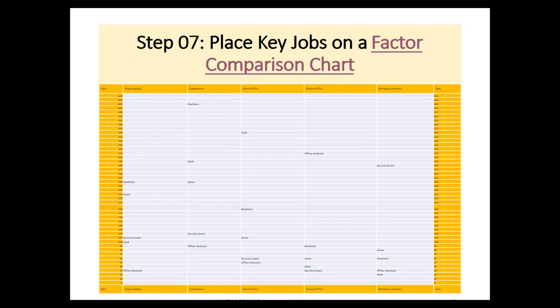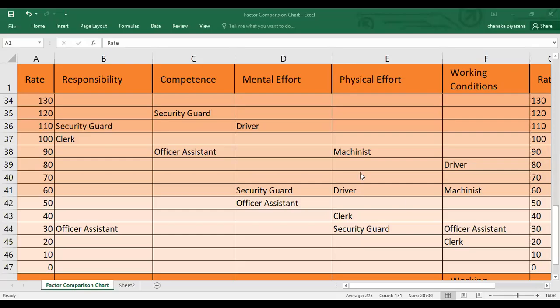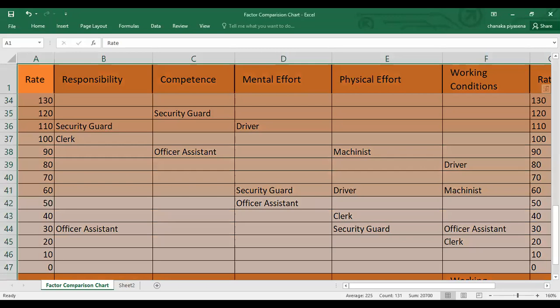So are you sharing any Excel sheet or else the same slide? Now I am sharing Excel sheet. We can't find any Excel sheets. We only see the slide. Now, now we can see. Okay.